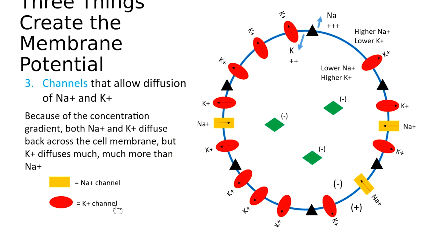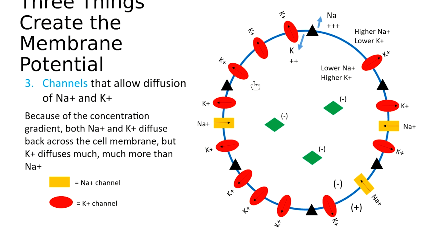We've also got a whole bunch of potassium channels. They are represented by these red ovals. And you may remember that the sodium-potassium pump has set up this situation where we've got a higher concentration of potassium inside the cell and a lower concentration of potassium outside the cell.